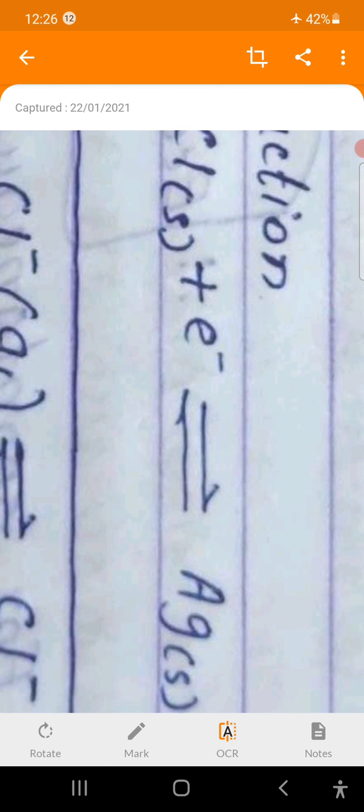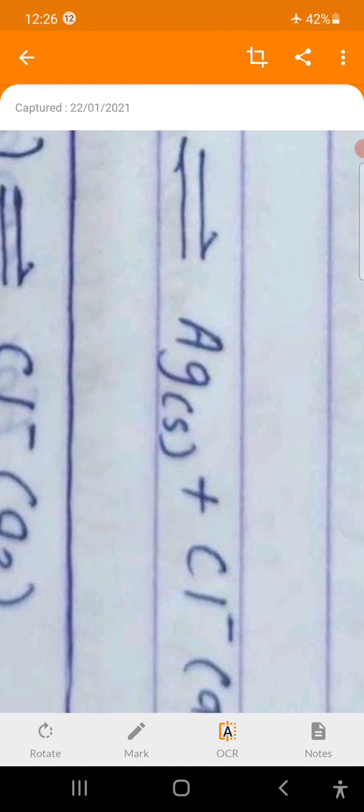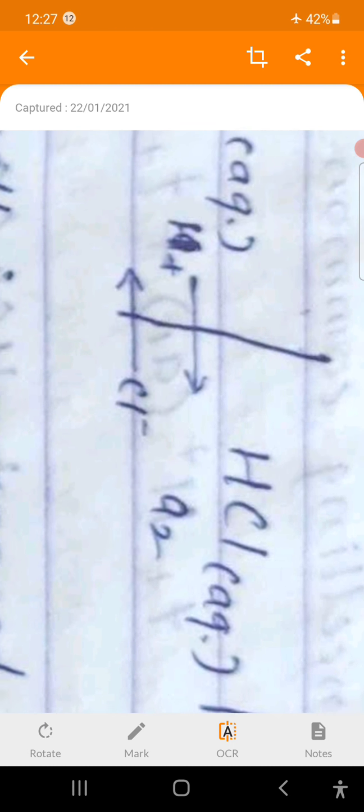Ag plus ions are neutralized, converted to Ag solid, and therefore there is formation of new Cl minus ions. They become non-neutralized Cl minus ions, and therefore the negative charge, that is the Cl minus ion concentration at the right hand side, increases, and they migrate towards the adjacent solution having activity A1.